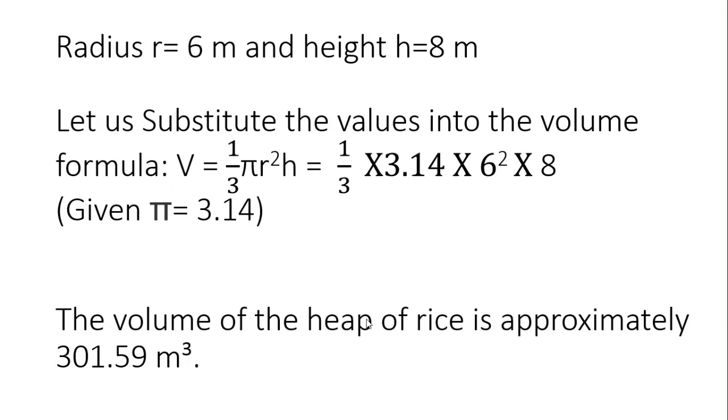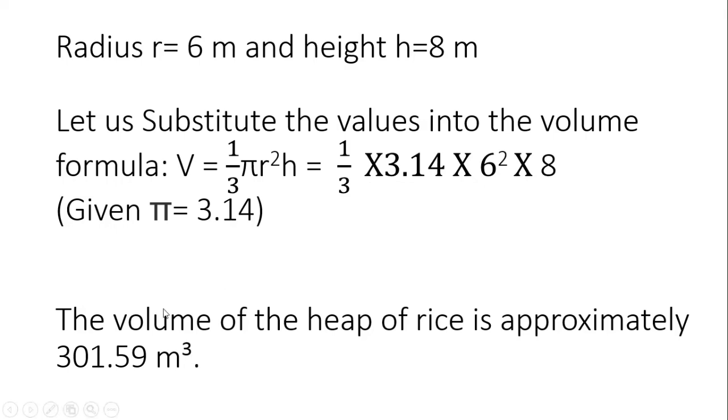If it is given or not given also, you need to remember the value and substitute it. So V, the volume of the conical shape, is equal to 1 by 3 pi r square h. So 1 by 3 into 3.14, into 6 square, into h, which is 8 meters.